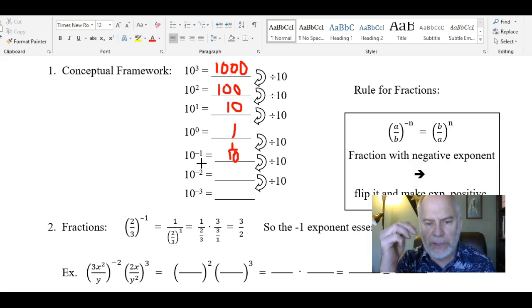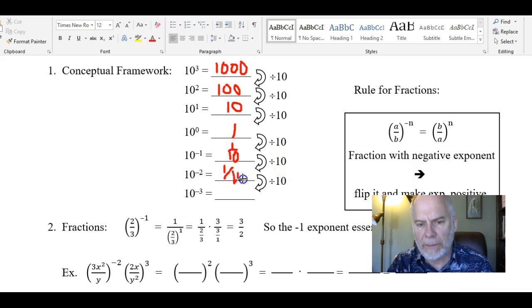You'd flip it over, say 1 over 10 to the positive 1 power, which would be 1 over 10. And then if you divide 1/10 by 10 again, it would be 1 over 100, which is 1 over 10 squared. So that shows the negative exponent rule, that you flip it over and make it 1 over 10 to the positive 2 power, which is 1 over 100.